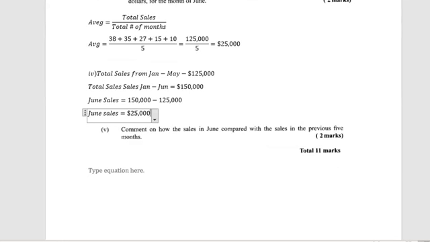So part 5 now says comment on how the sales in June compared with the sales in the previous 5 months. So if we look, January we recorded 38,000. February we had recorded 35,000.